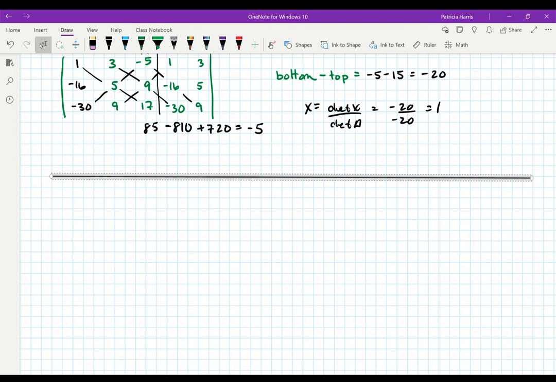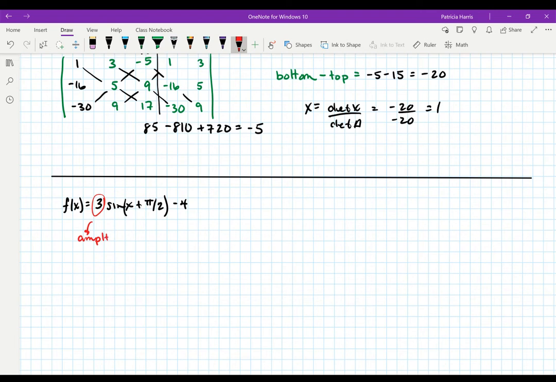So f of x is equal to 3 sine of x plus pi over 2, minus 4. Okay, so let's very quickly review. Amplitude lives right here.